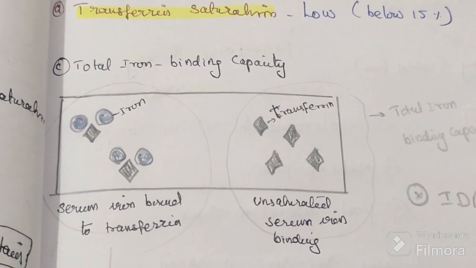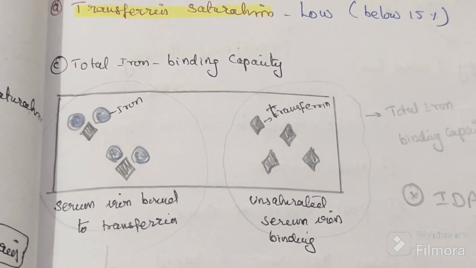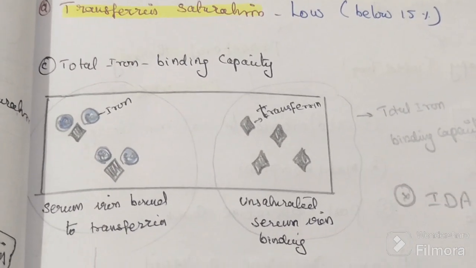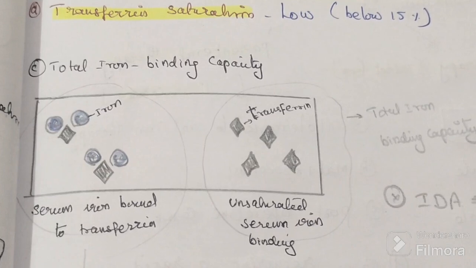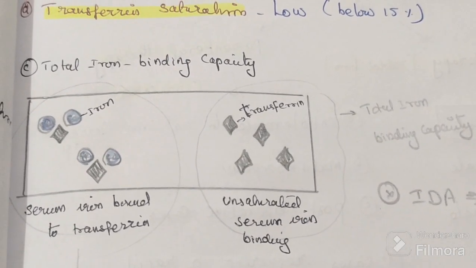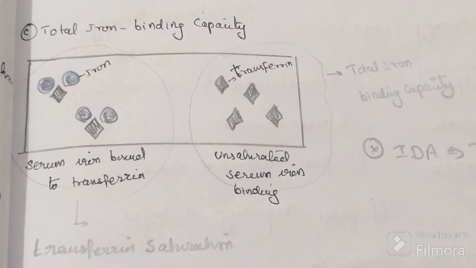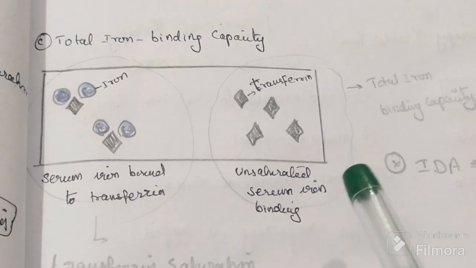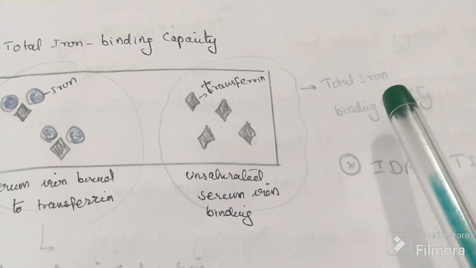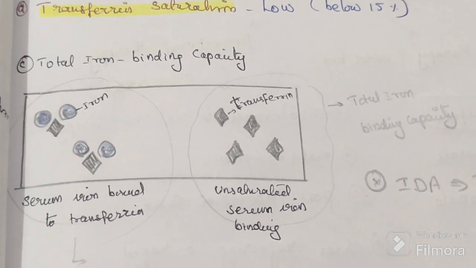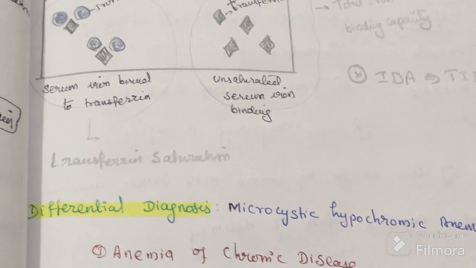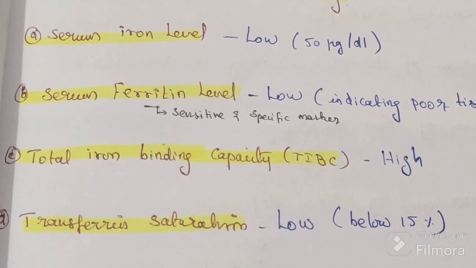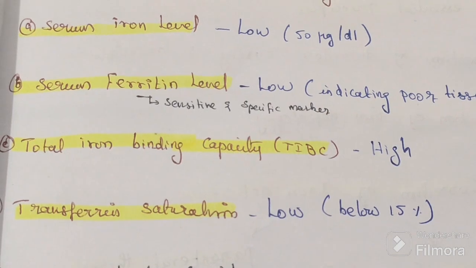So we have two things with us. The filled ones are called transferrin saturation. The empty ones are called total iron binding capacity. In iron deficiency anemia, what will happen?